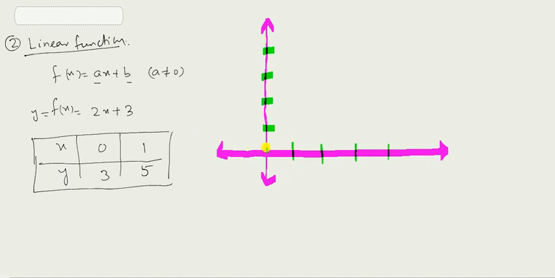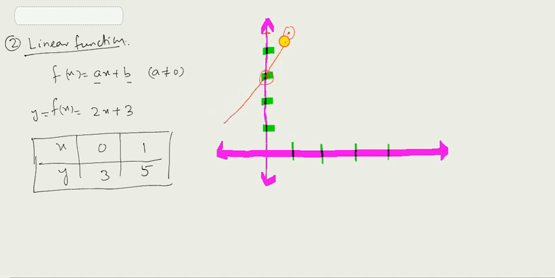Similarly, for 0 I will place the point. For 0 I will have 3, right? So if I have for 0, 3, then this point is there, and for 1 this is 5. So this point is (0, 3) and this point is (1, 5).